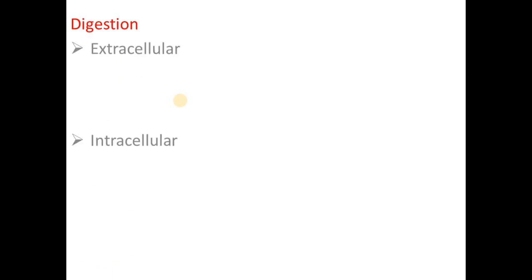Digestion. In coelenterates, digestion is of both types, extracellular as well as intracellular. Extracellular digestion is digestion occurring in the cavity outside the cells.